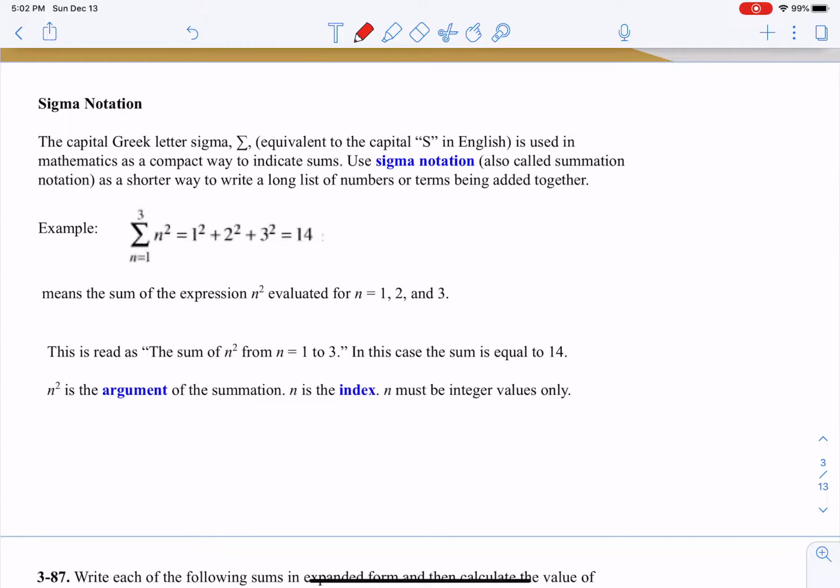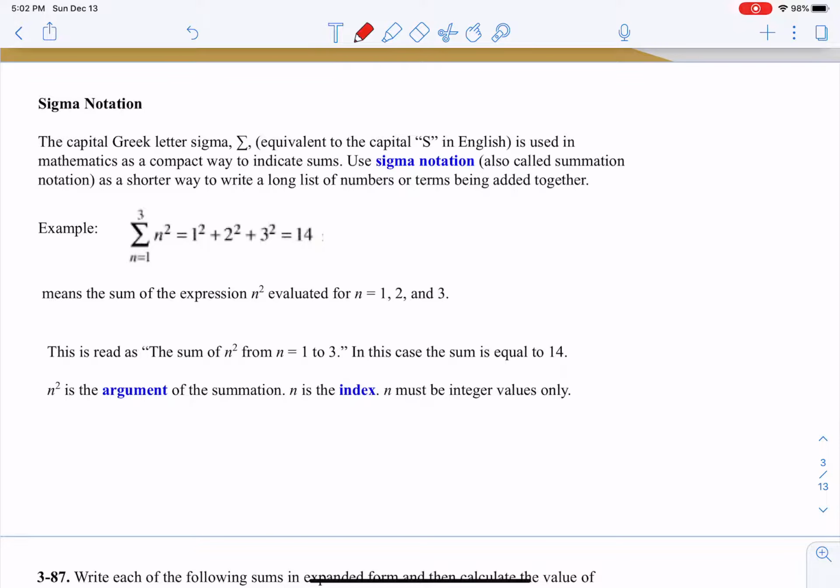Notation that we're going to use for calculating the sum of a sequence is called sigma notation, and it's from the Greek letter sigma. Another word for sigma notation is summation notation. And it's a shorthand way to write out the pattern for a sequence.